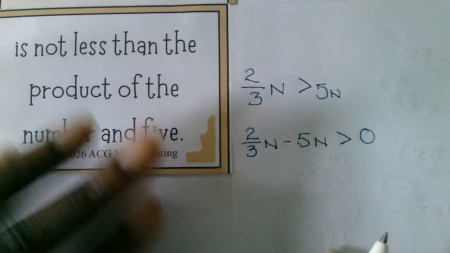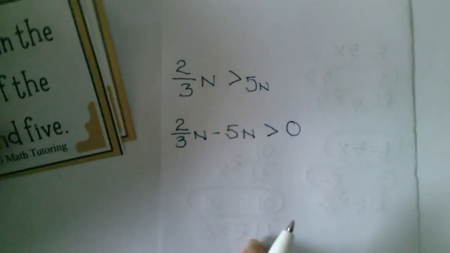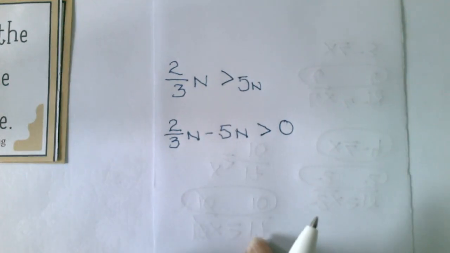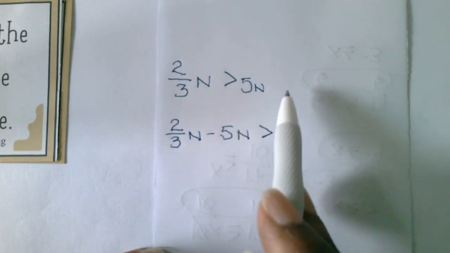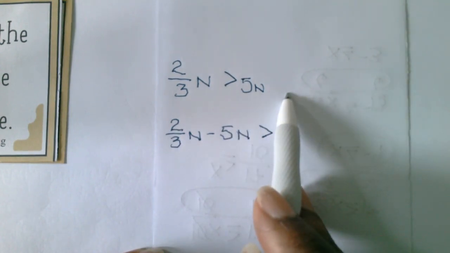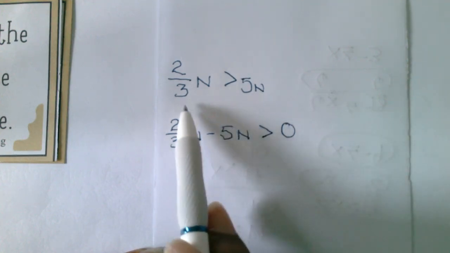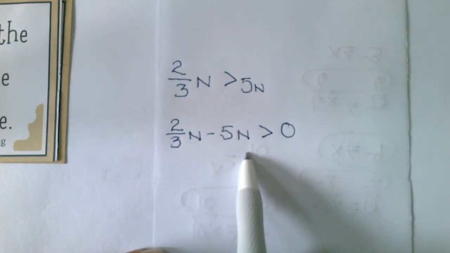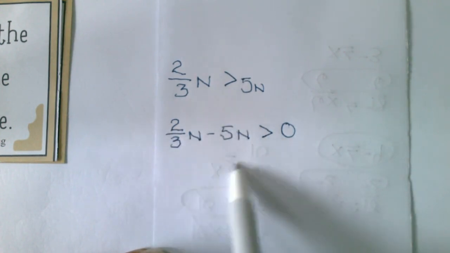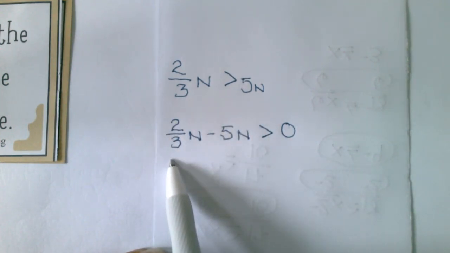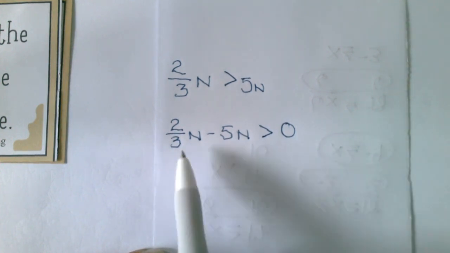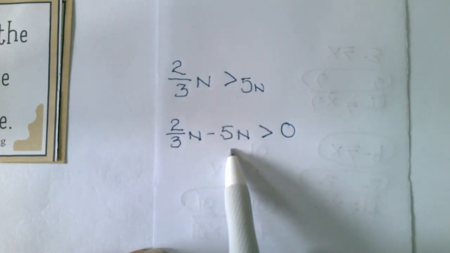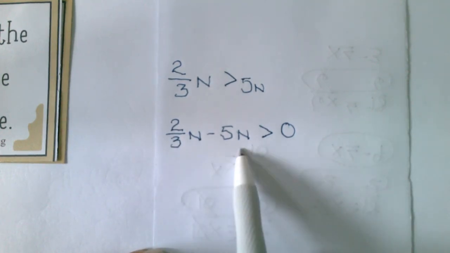If you want to, you could have subtracted 2/3, perfectly fine. But since we have to move our n's to one side of the equal sign, regardless of what you're going to get over here, you're either going to have to multiply or divide it to the 0. So when I'm looking at my 2/3, let's practice up on subtracting our fractions.